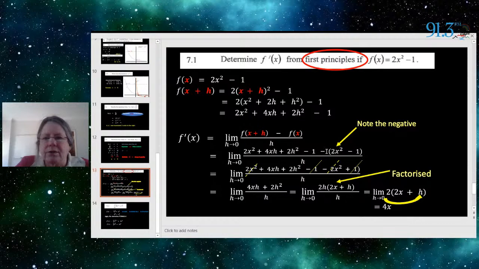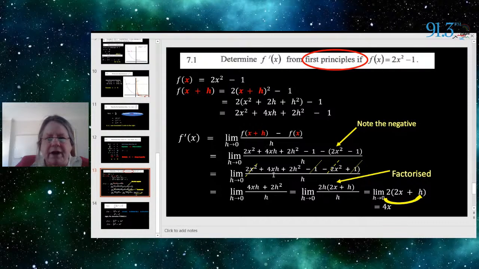Please note the brackets, because this negative is going to turn that negative into a plus when we remove the brackets. So that's a common mistake we make. We write it without the brackets, and then we end up having negative 2x squared, negative 1.